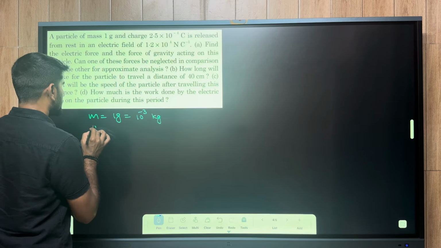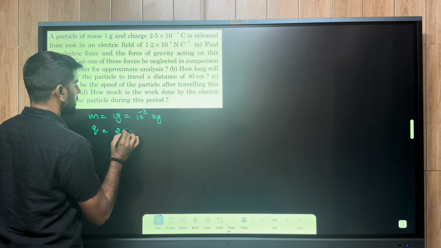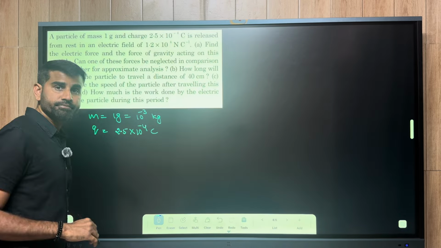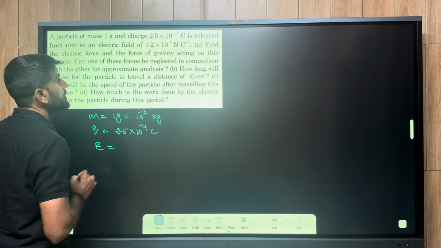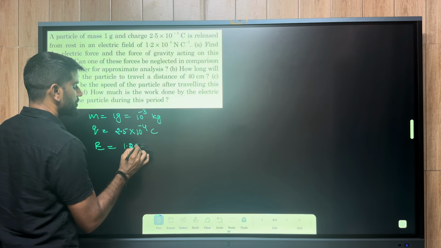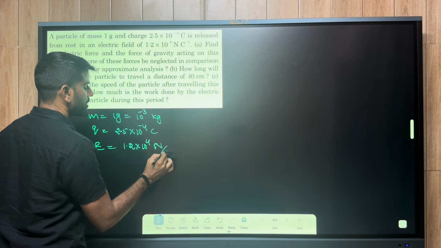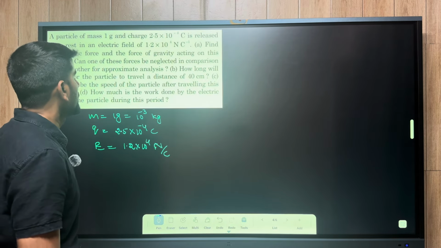The charge of the particle is 2.5 times 10 to the minus 4 coulombs, and we are given one more quantity, the uniform electric field, which is 1.2 times 10 to the plus 4 Newton per coulomb. So these are the quantities that have been given to us.